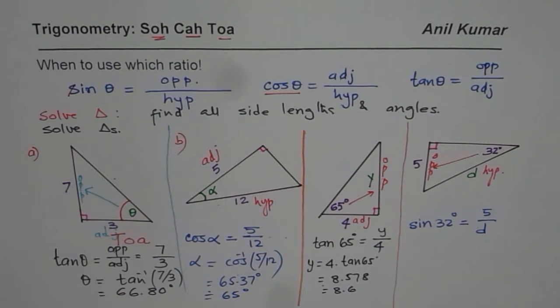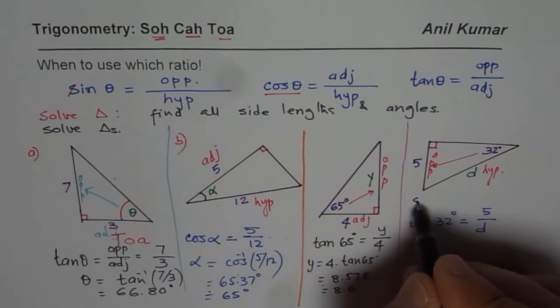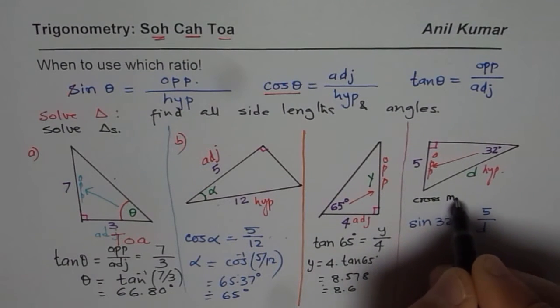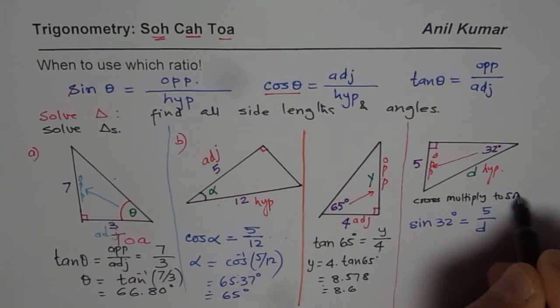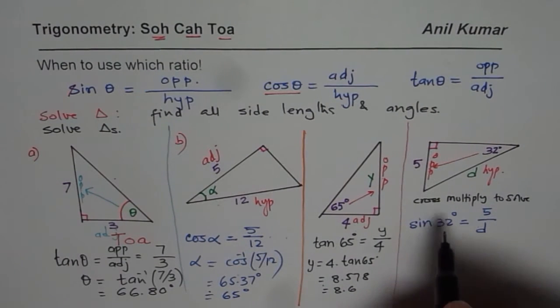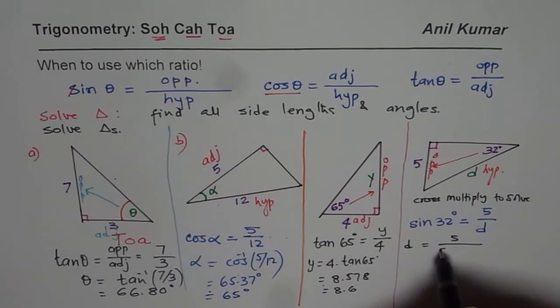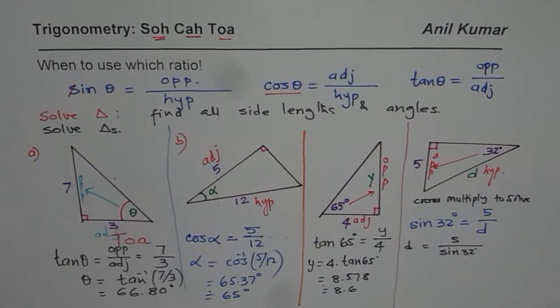Now from here, apply ratios and find d. Cross multiply. Let me write it down, because at times you may get confused at this stage. So d comes here, and 5 divided by sine 32 degrees. Use a calculator.